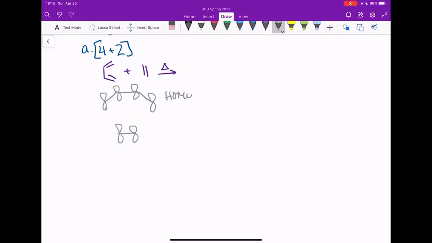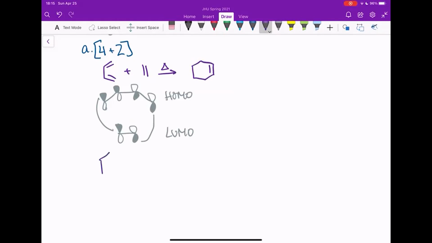So we'll use the HOMO up here and then a LUMO down here. Again, it doesn't matter which one you choose. Okay. So in this configuration, you'll see that you'll have overlap between the two upwards one and also the two downward orbitals. And so this is when you'll have your Diels-Alder reaction to create your 6-membered ring.